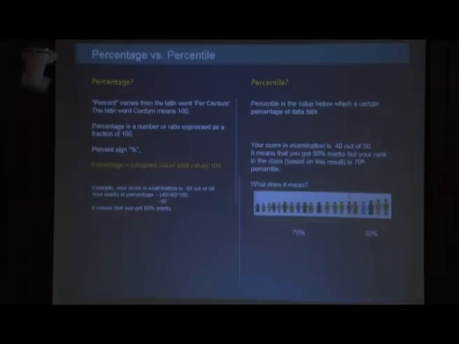There are 30% students. Similarly in the case of marks, you got 80% marks, that is 40 out of 50, and we are telling it is 70th percentile. It means your marks are higher than 70% of students' marks and lower than 30% of students' marks. Another example, if your rank as per your score is 60th percentile, what does it mean?